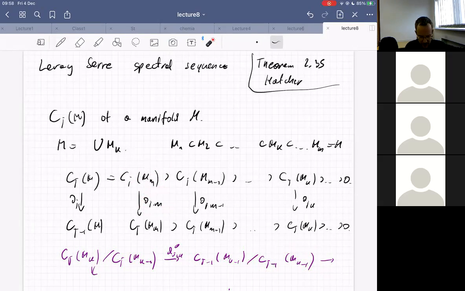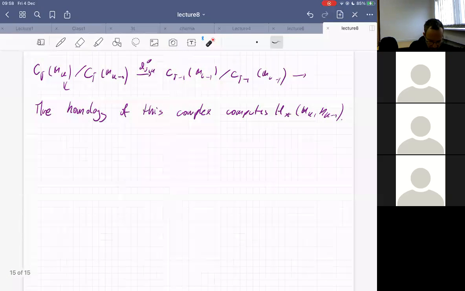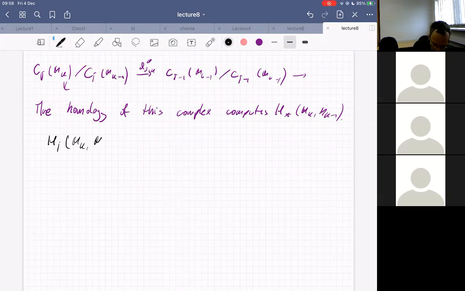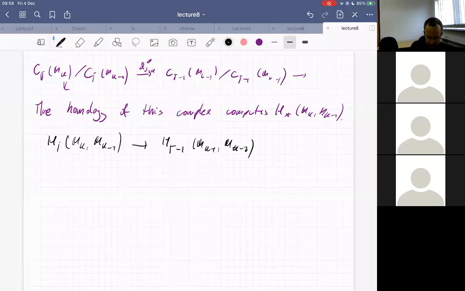And if I look carefully, I can construct the map that goes from the homology of this complex, so H_j of M_{k-1}, to the homology of H_{j-1}, M_{k-1}, M_{k-2}. So by what is called diagram tracing.